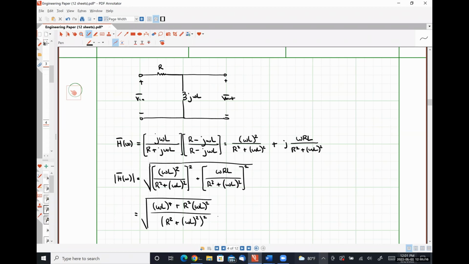I know that I've written that a little oddly, but it's to make it very easy to see that we can just pull out a factor of omega L squared from everything.